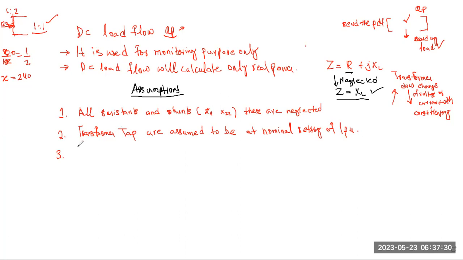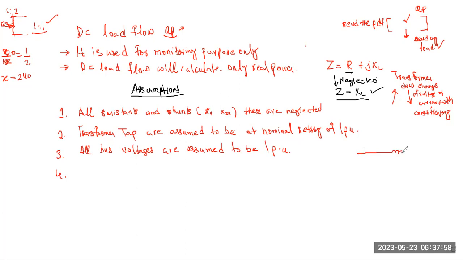Now here all bus voltages are assumed to be 1 per unit. And then the angle difference between, see, you have a transmission line here.